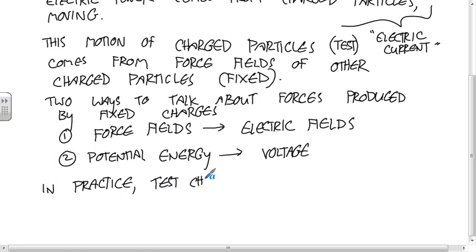In practice, the test charge is always an electron. It's always the motion of electrons that causes electric current. And not one electron, millions of electrons, maybe billions of electrons. It's always an electron. Okay.